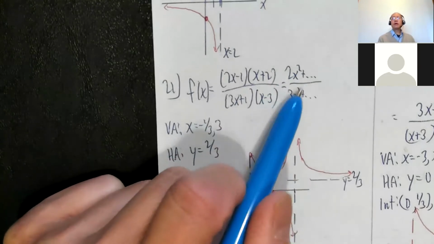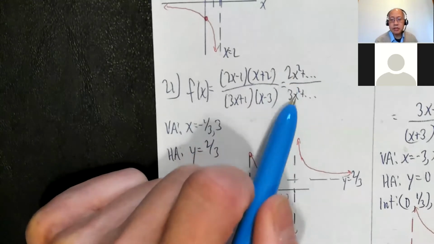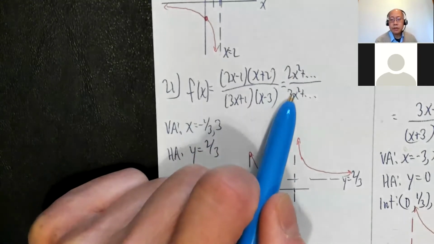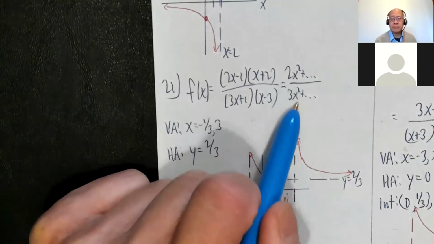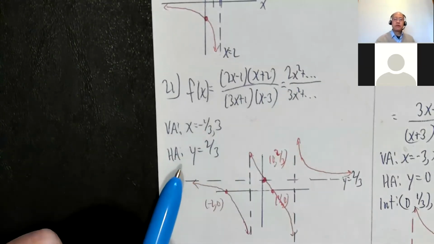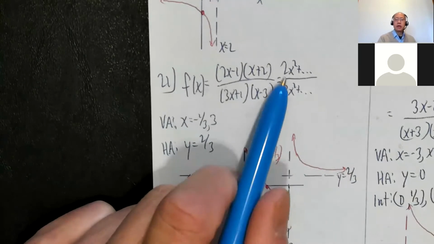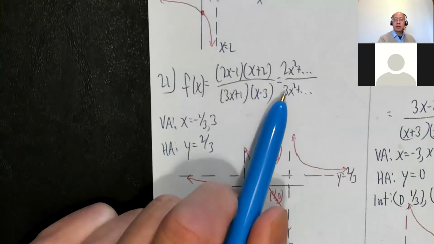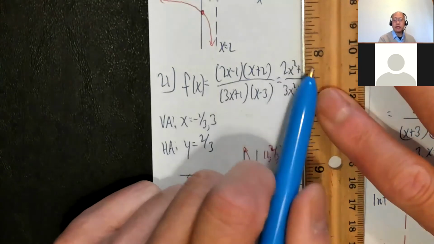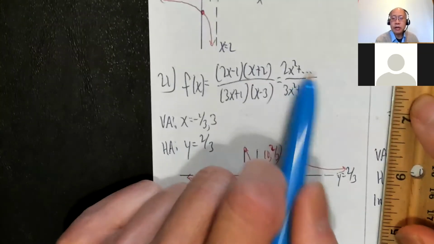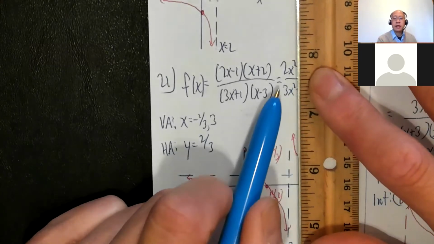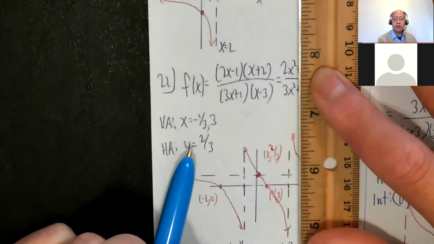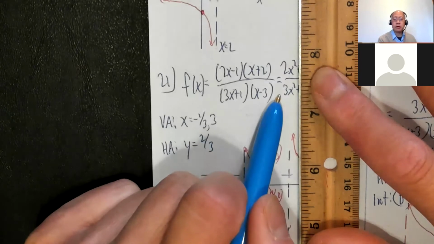Now, if these two are of the same degree, they're both second degree, or both third degree, or both fourth degree, or whatever, the rule for the asymptote is y equals the ratio of the leading coefficients. In other words, you just ignore all the rest of the stuff. Yes, there's going to be an x term, there's going to be a constant. You just ignore it and just look at this. So y equals 2/3 is my horizontal asymptote.